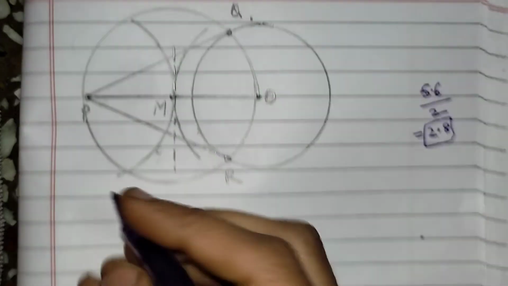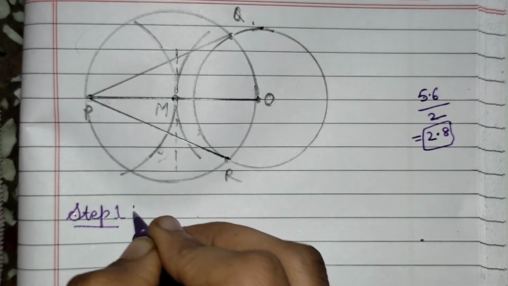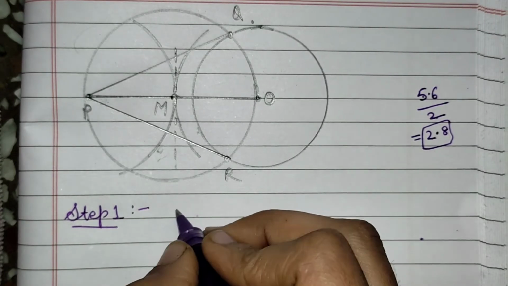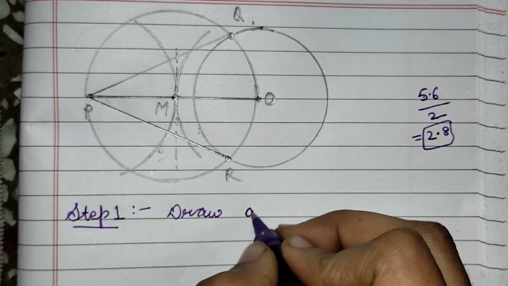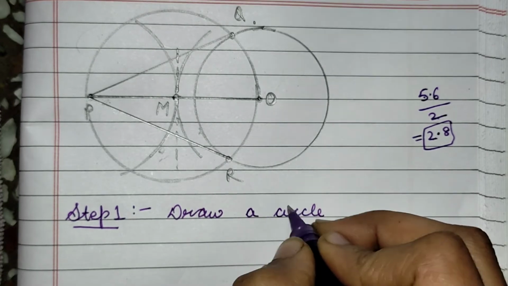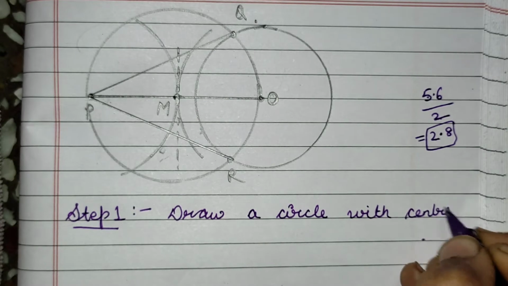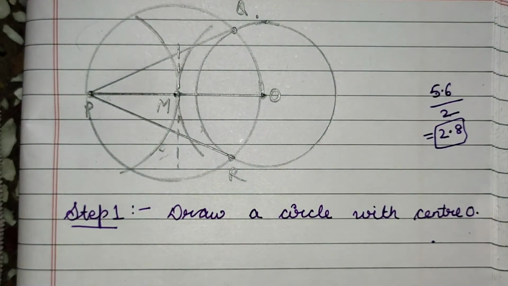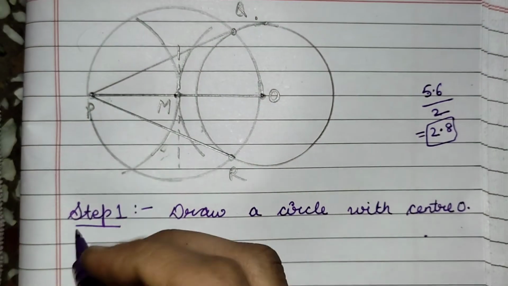Okay, so let's write down the steps which we have done in our construction. What we have done, we have drawn a circle with the center O. So you can add the dimensions given to you in the actual questions in these steps, right?